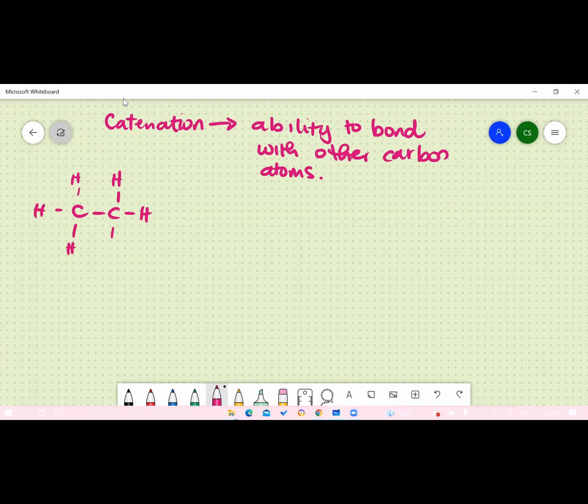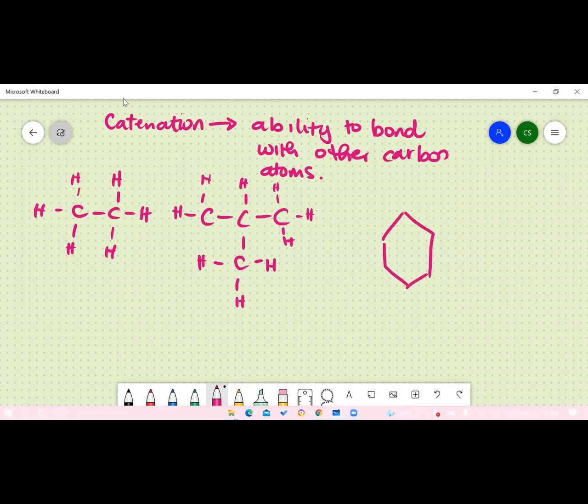It can also be branched chains like this. Right? And we can also have ring structures like benzene and cyclohexane. So benzene, cyclohexane. Cyclohexane is a 6-carbon ring.